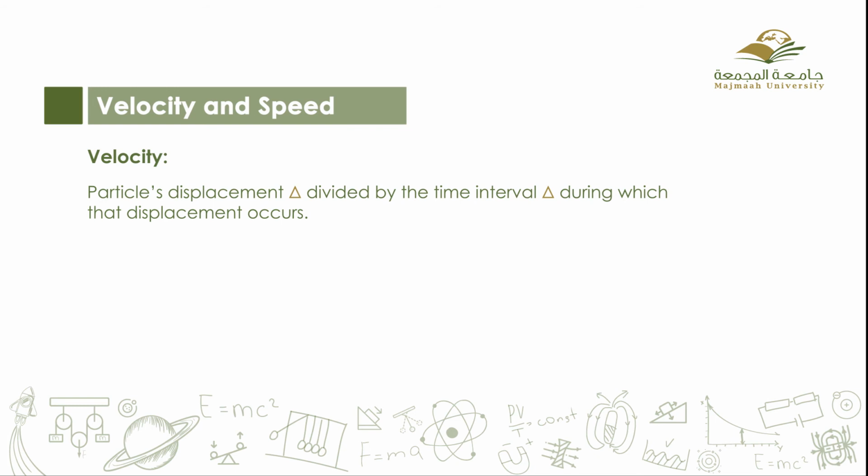Okay, its equation will be Vx equal delta x divided by delta t, where delta x is the change in displacement divided by the time taken to cover this distance. Velocity is the speed with a direction, so V equals delta x, the change in displacement, divided by the time.